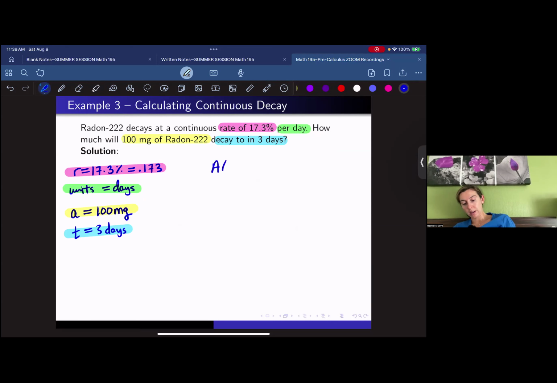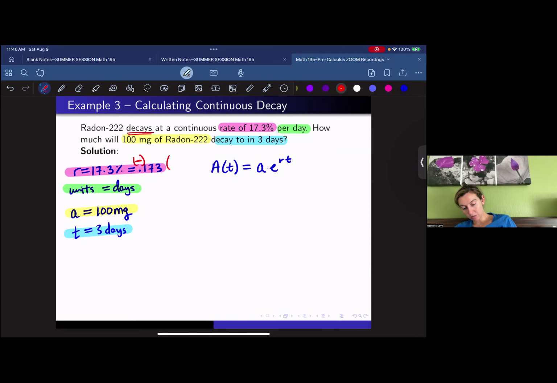So A of t is equal to A times e to the rt. And because it's decaying, your rate is negative, right?